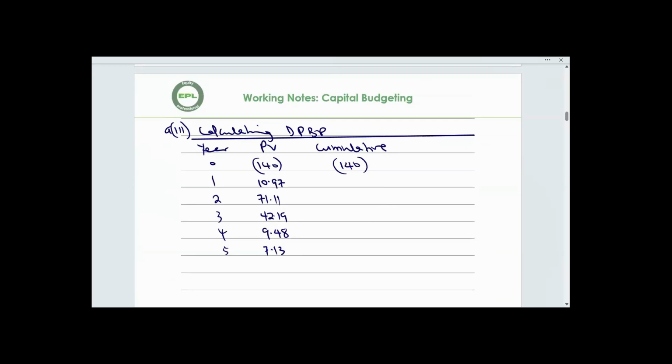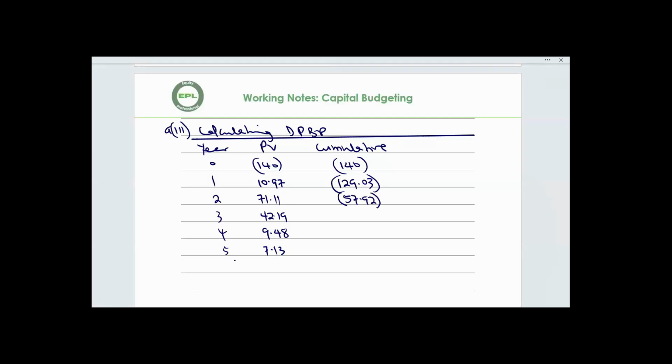Therefore, I will then say 140 from my calculator. 140 minus 10.97 equals, I have a balance of 129.03. So 129.03 minus 71.11, we got 57.92.